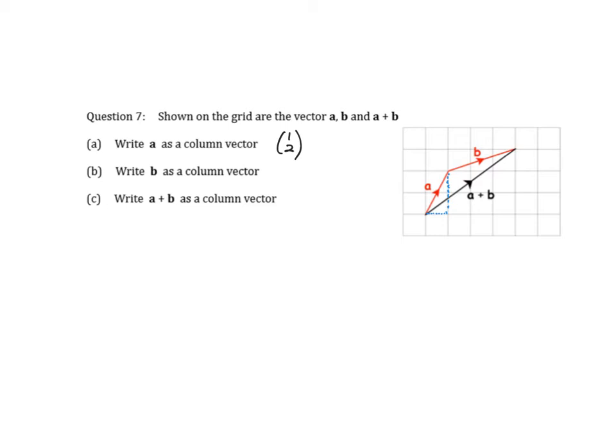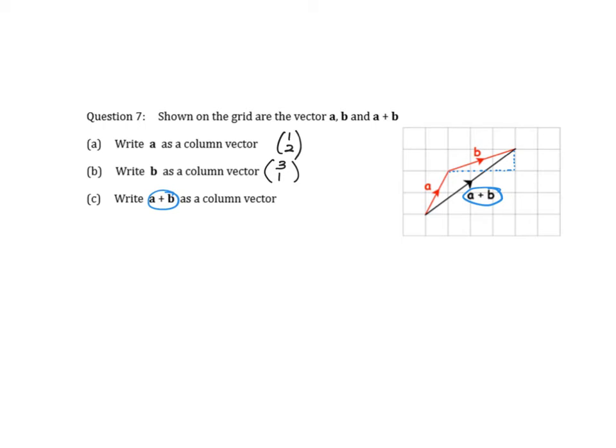Next, pause the video and have a go first if you want. Next, I'm looking at that vector B. What's that vector B? Have a go. Hopefully you got 3, 1, because we went 3 to the right and 1 up. Now the thing that we call this resultant vector, this A add B, that's the one that shows the total movement.